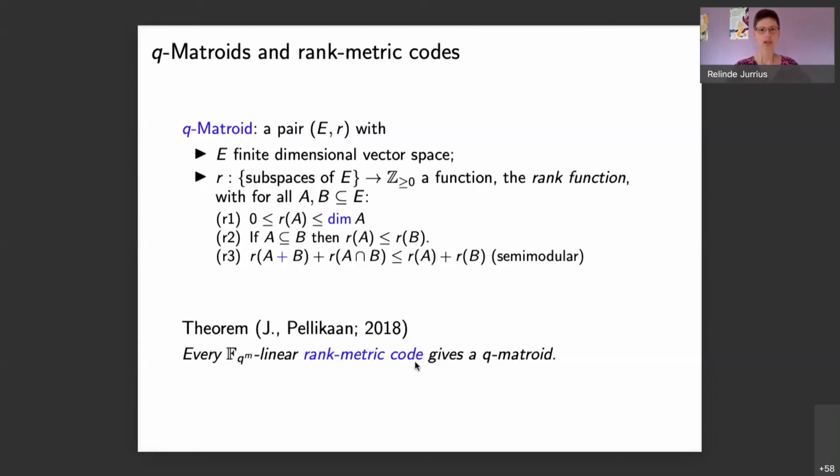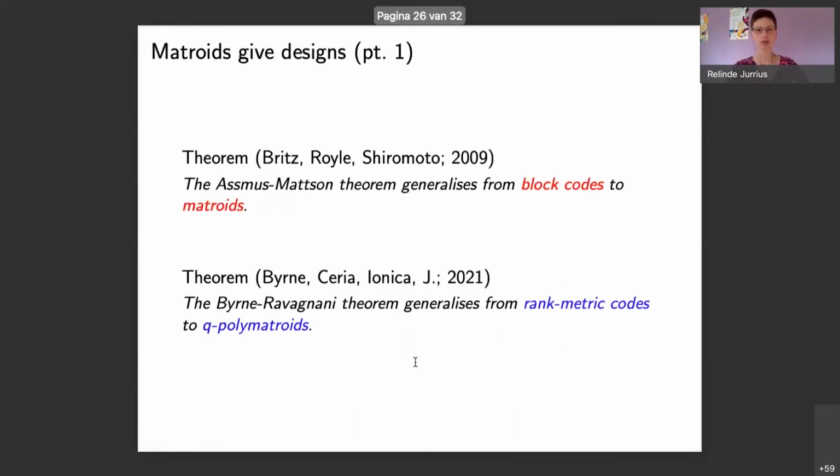So now that we know a bit about matroids and codes, and we've seen that codes are actually a special case of matroids, the following makes sense. This Assmus-Mattson theorem that says codes give designs can actually be generalized from block codes to matroids. So you can't just have this result starting from a code, but also if you start from a more general class of matroids.